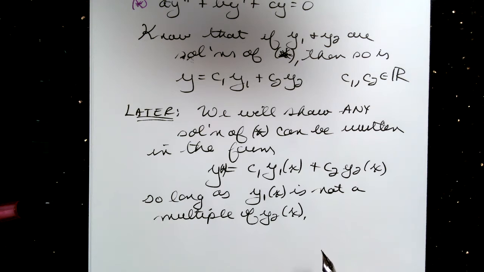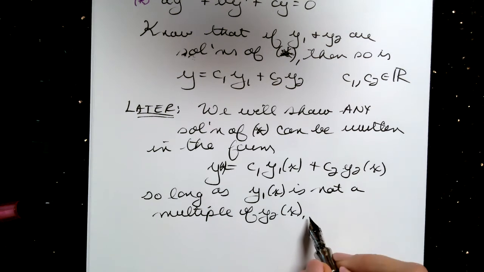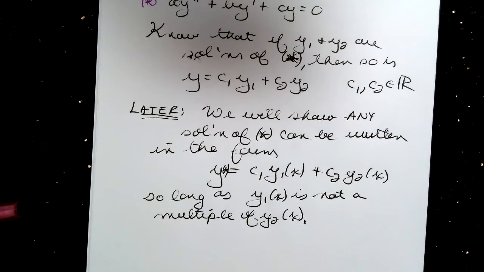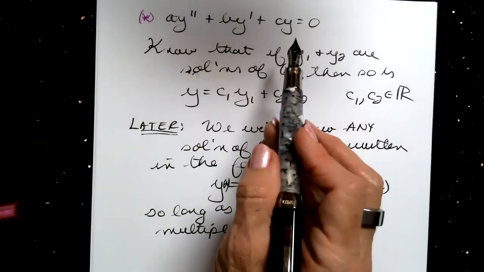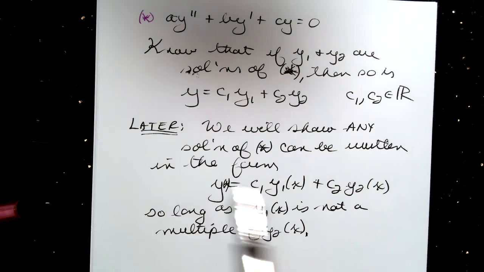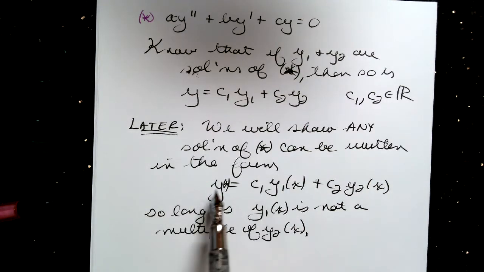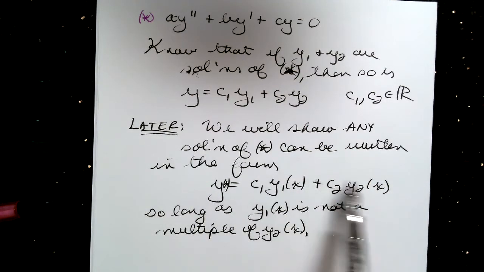So that's all we really need for right now. Okay. So we need to find two genuinely different solutions for our equation. And then any solution can be written as a linear combination of those two solutions.